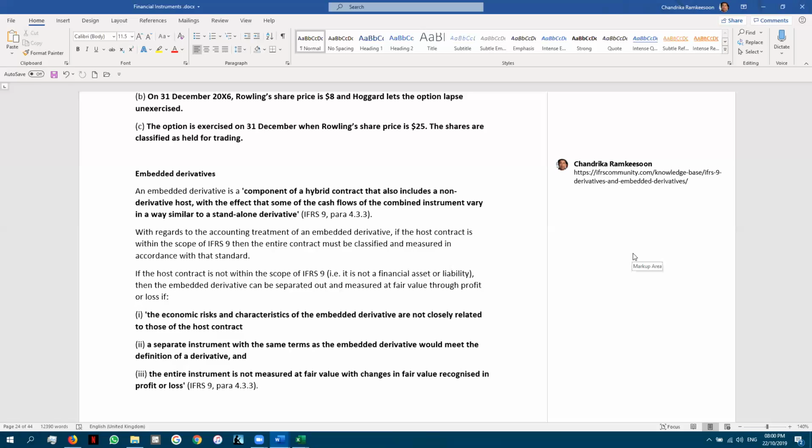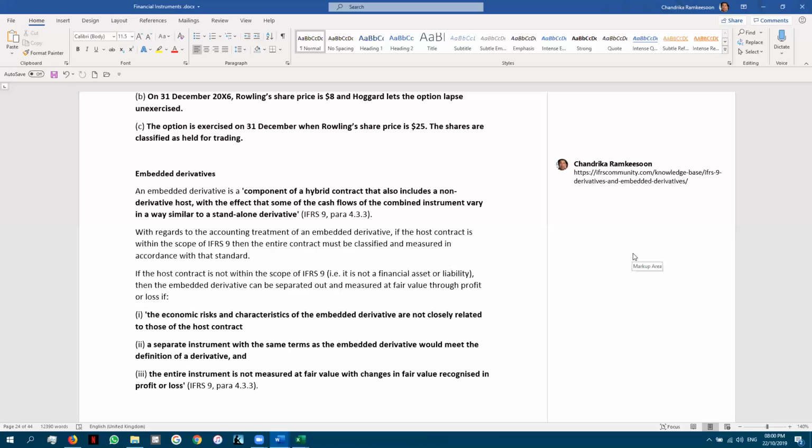Now, in your financial management, for those of you acquainted with this sort of thing, you didn't need to worry about the accountant. But here, this is our focus. With regards to the accountant, if the host contract, that's the actual bond, is within the scope of IFRS 9. Like, let's say the investor invested in a bond, so it's a financial asset.